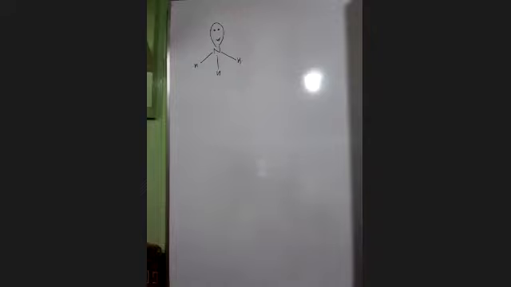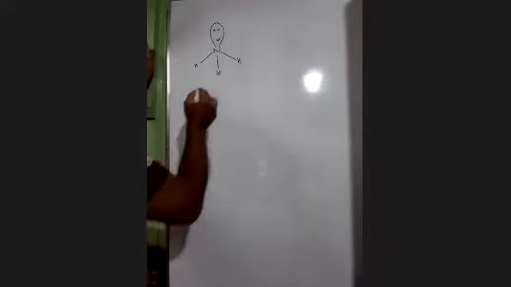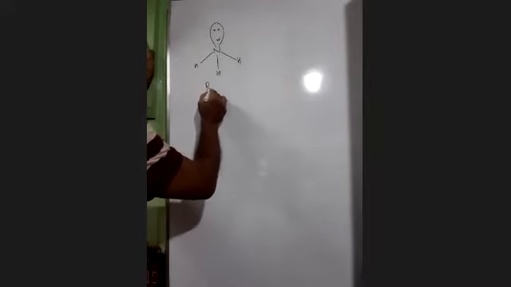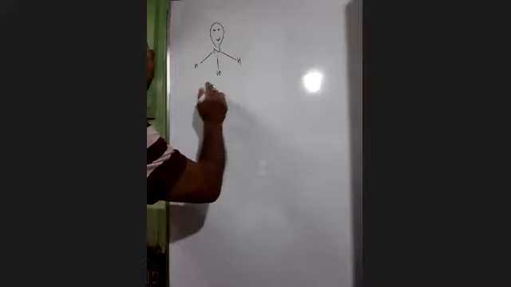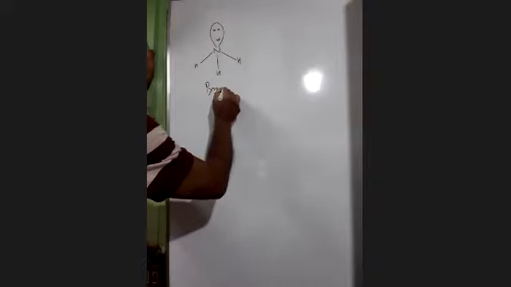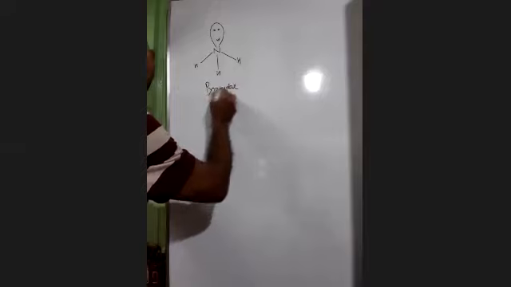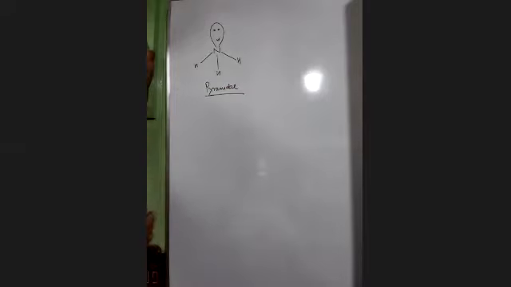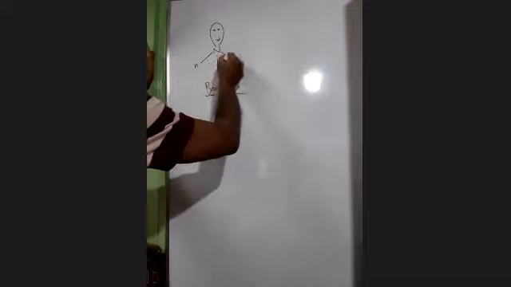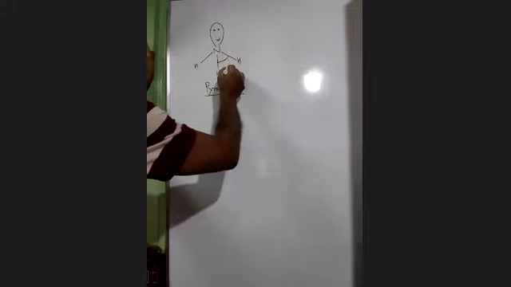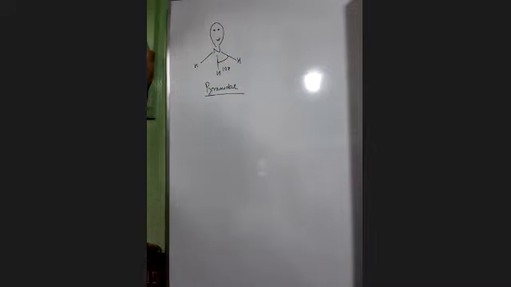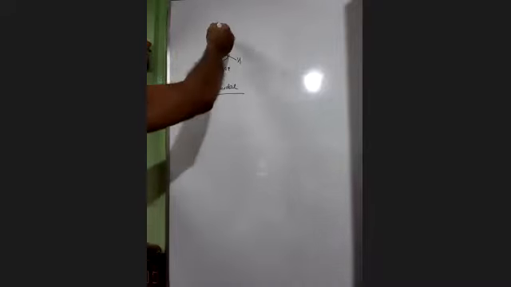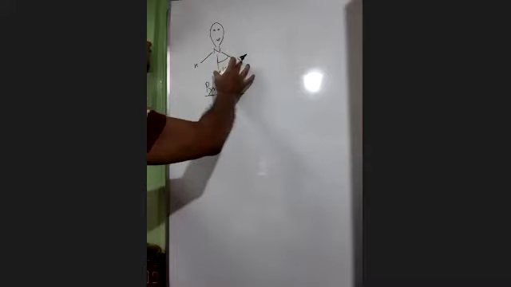Nitrogen is sp3 hybridized, but as the lone pair is not visible, we call this structure pyramidal. This is a pyramidal structure. What is the bond angle? Bond angle is about 107. It should have been 109.5 degrees, but because of lone pair bond pair repulsion, this gets squeezed.